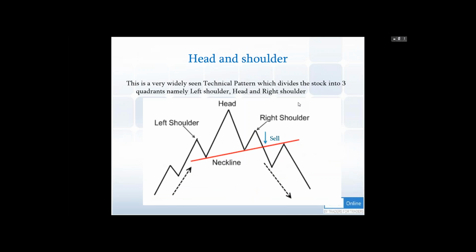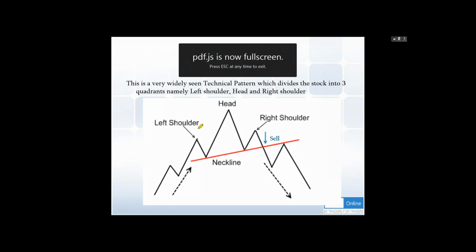Now the next pattern which we are using is the head and shoulder pattern. In a head and shoulder pattern, the stock makes a head and shoulder formation. Let me show you what I mean by a shoulder and what I mean by a head.